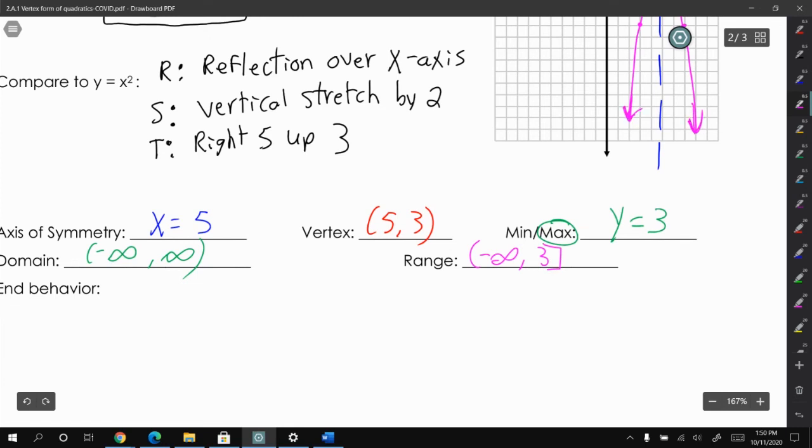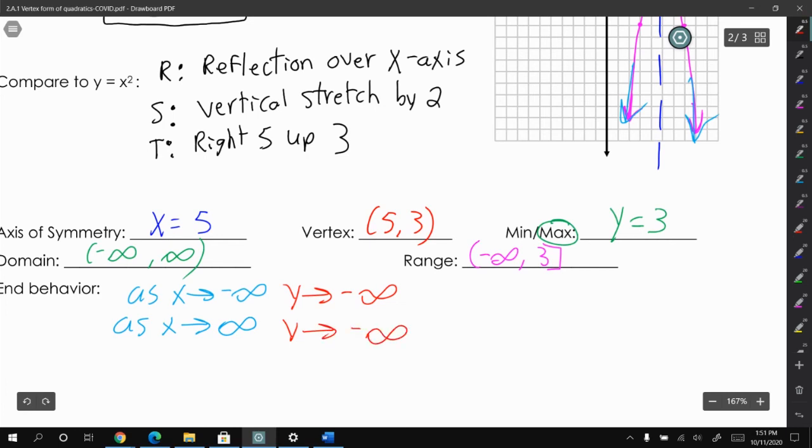So the y values are going to go all the way down to -infinity. And then the left side and the right side end behaviors, both sides are going down. So y approaches -infinity on both sides.